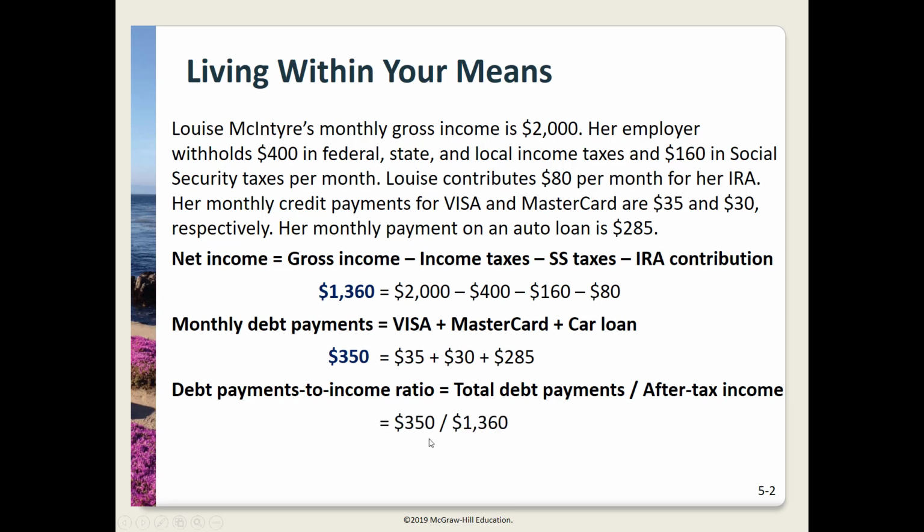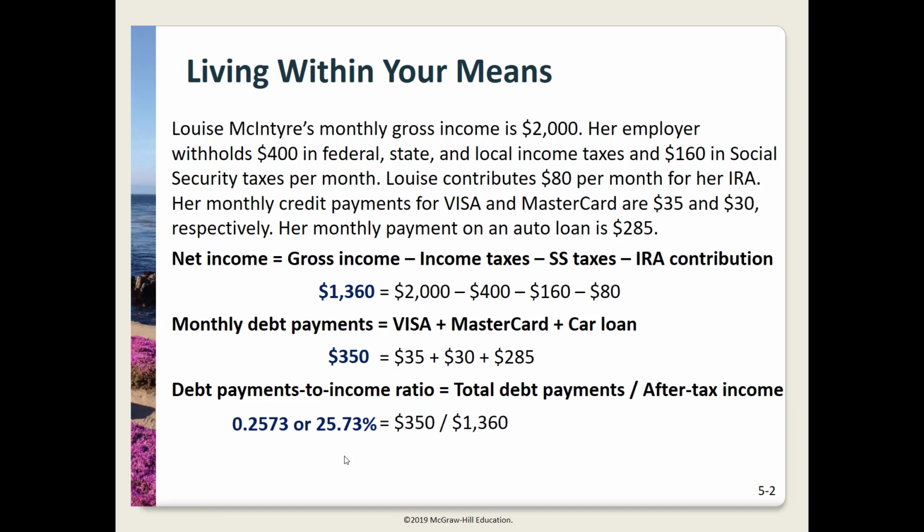So taking our 350 divided by the 1360, we get a debt payments to income ratio of 0.2573 in our calculator, but we know in decimal format we can convert it into a percent, so that'll be moving our decimal over two places, and that equates to 25.73%.